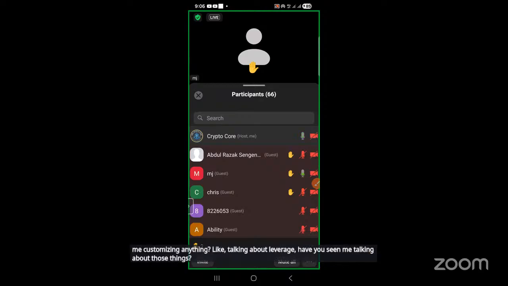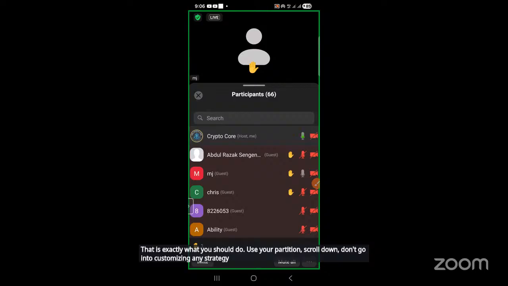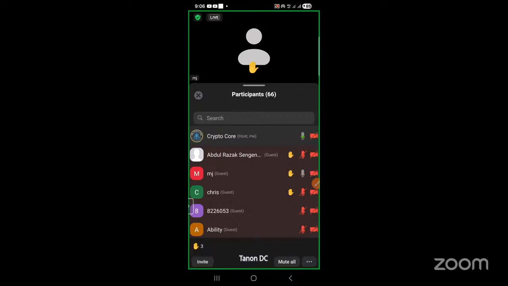No. That is exactly what you should do. Choose your partition, scroll down. Don't go into customizing any strategy. Just tap on the partition, full stop. Step number 2, go down. Choose long, short. Turn on DCA and turn on the automatic button. Full stop. This thing of customizing, trying to tweak here and there, is the thing leading to some of you making losses.